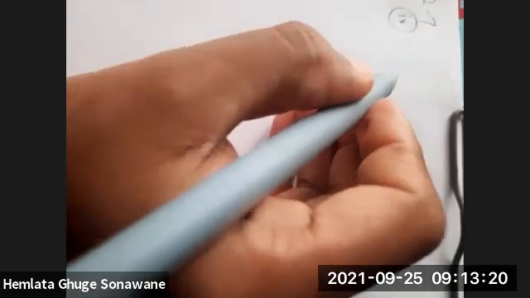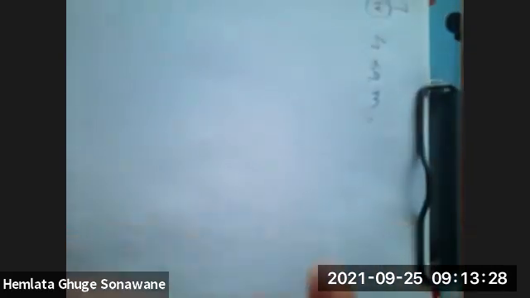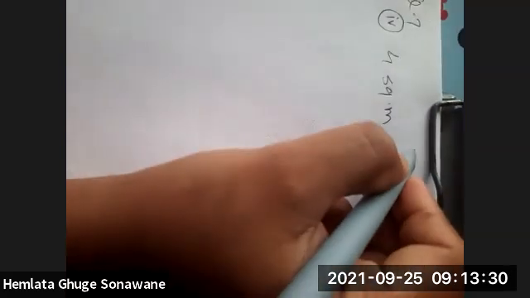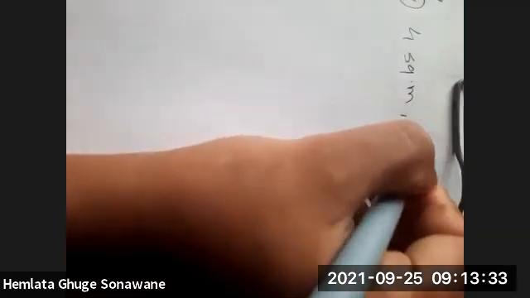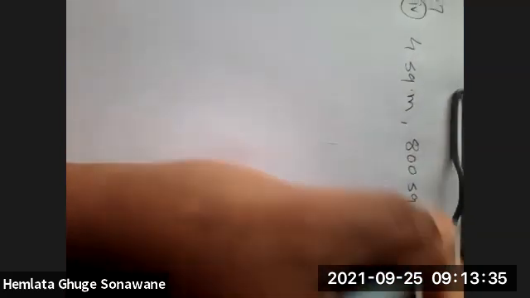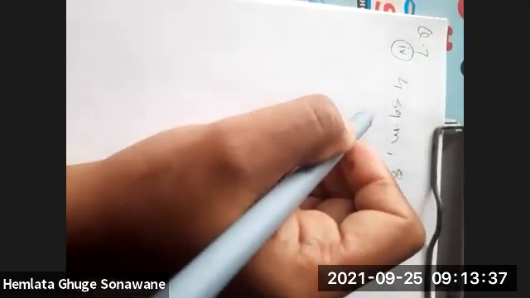Next example of question number 7, that is the fourth one. Four square meter and 800 square centimeter. Now this meter we have to convert into centimeter.